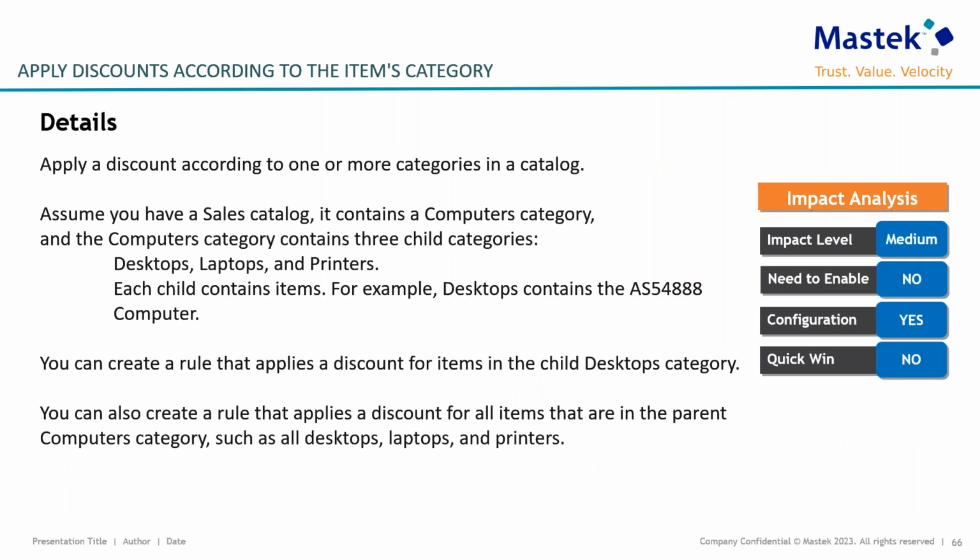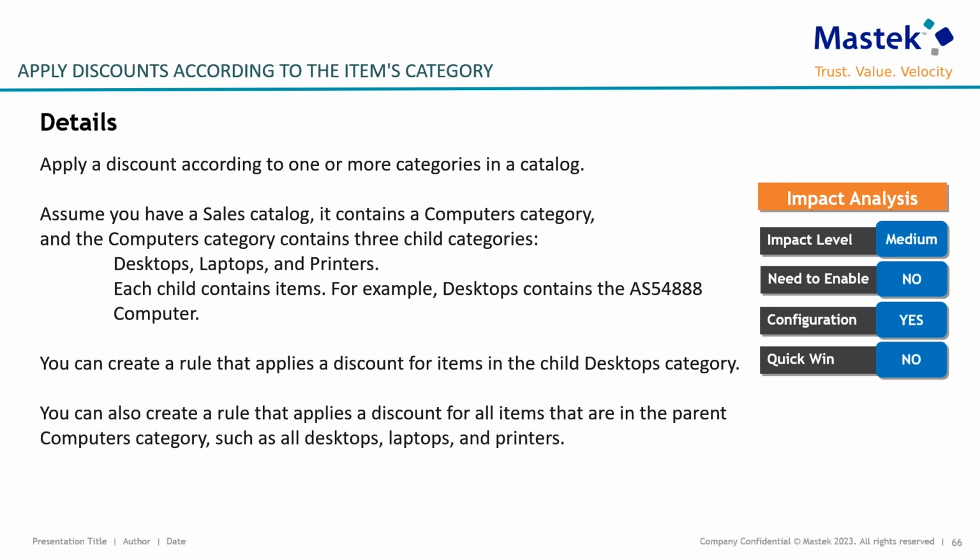Now moving to the next one, which is apply discount according to the item's category, to apply a discount according to one or more categories in a catalog. Let's take an example: assume we have a sales catalog.